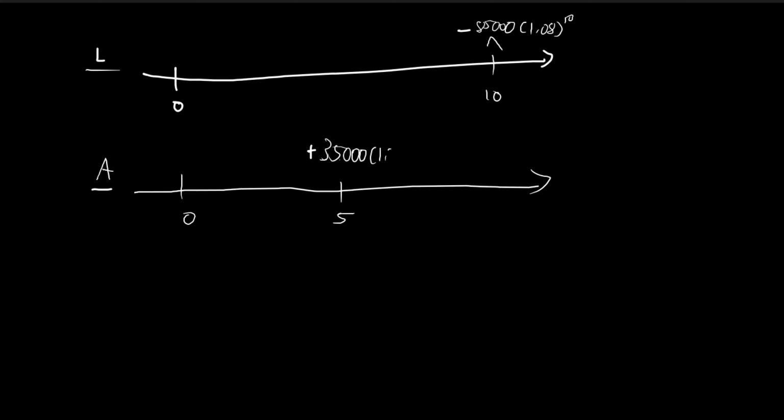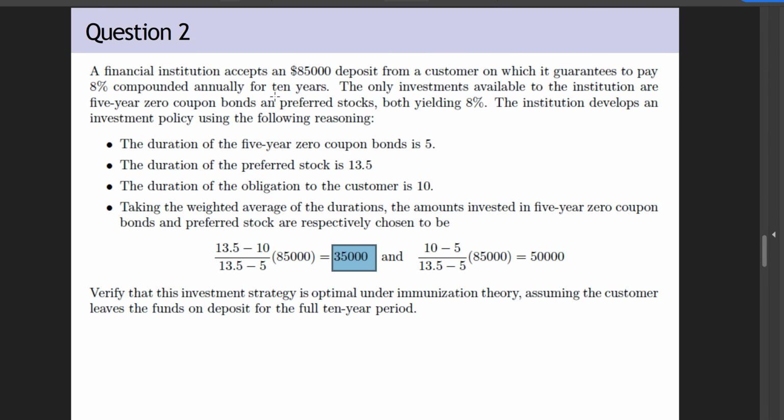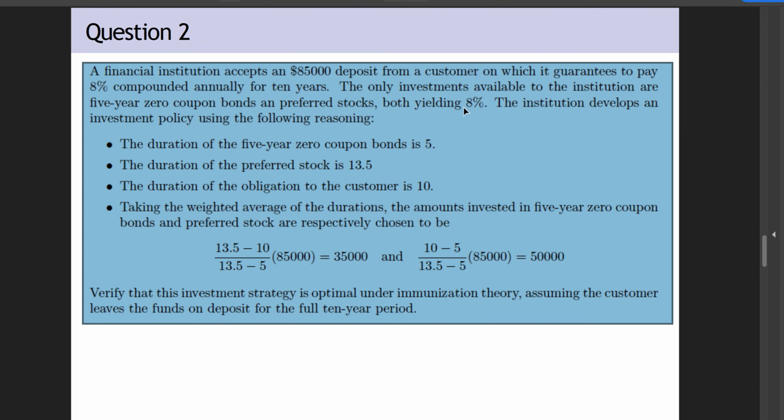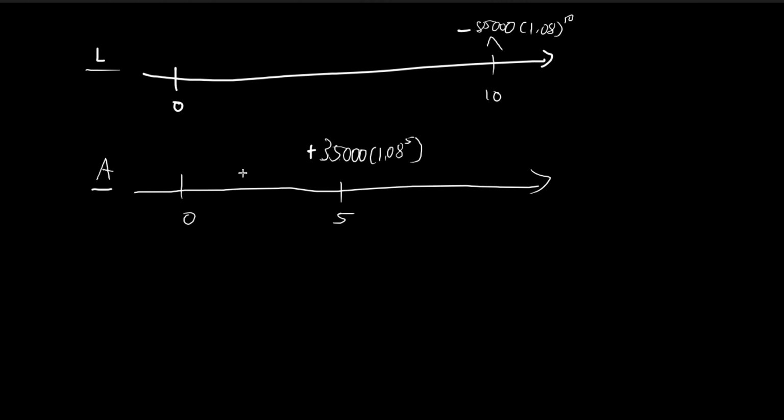So now, for the assets, we're going to have this $35,000, plus the interest. So there's going to be an 8% yield. And then second of all, there's also going to be this preferred stock. It's going to yield 8%. So what this means is that when we buy a preferred stock, we're going to put $50,000 into the preferred stock, and then the dividends are going to be handed out to us equal to $50,000 times the yield.